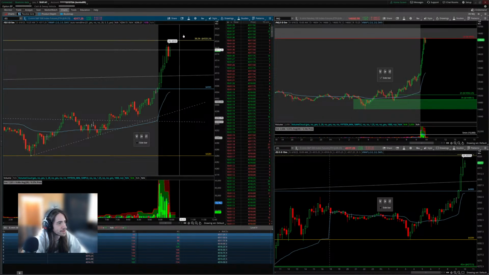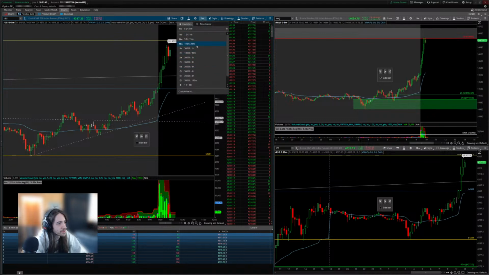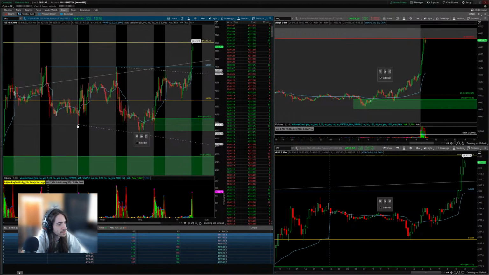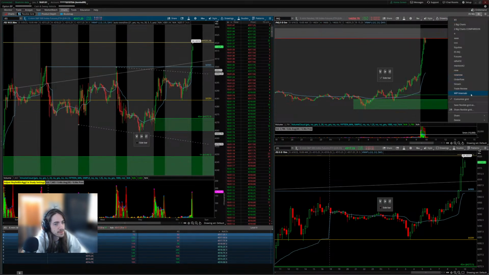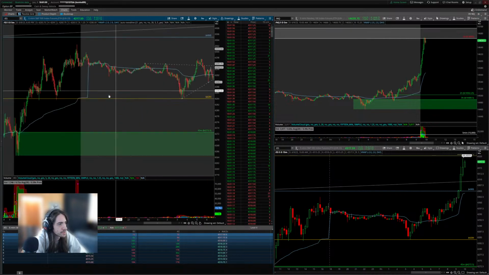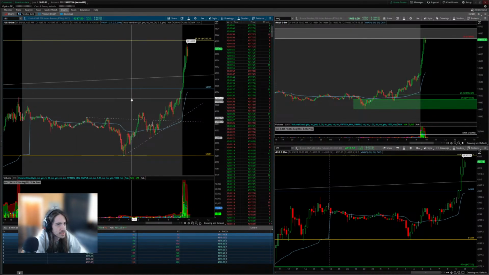It's dope. It finds the trends, it automatically plots those levels, which is cool. But that's about it. Other than that, I do not use any other indicators or studies.